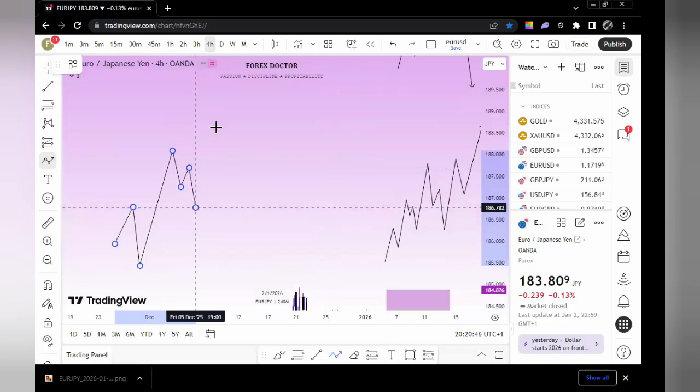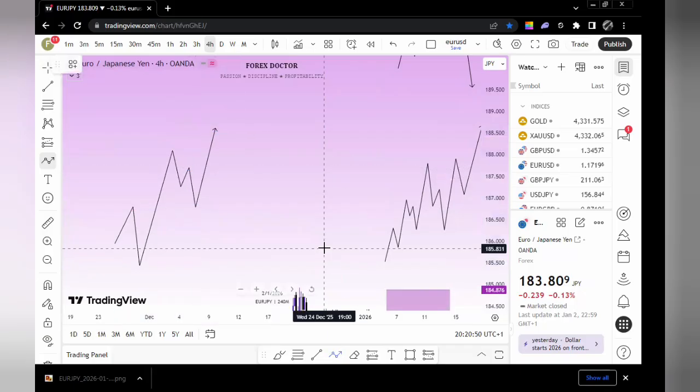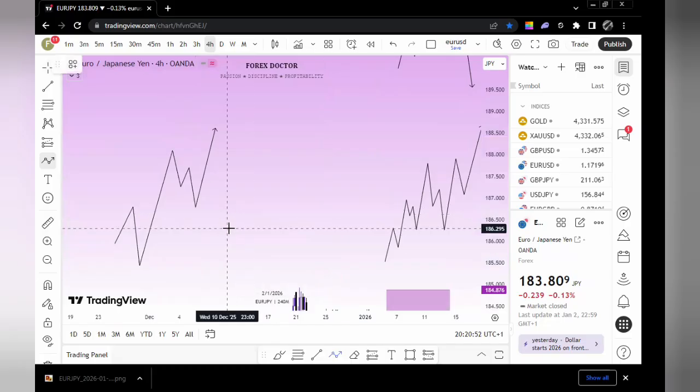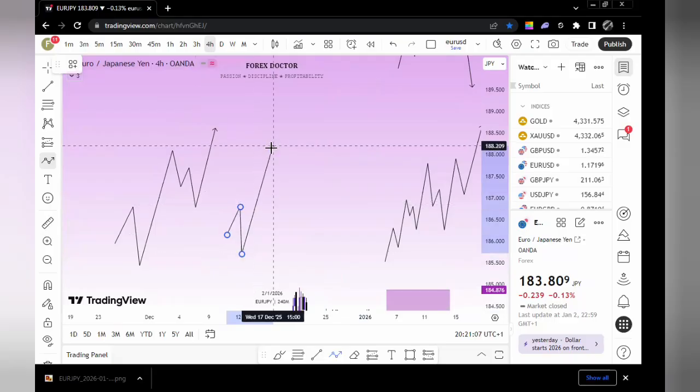Price comes, moves. Or you have this. That's the type A. This is the type B. I termed them type A, type B to differentiate them for my students.